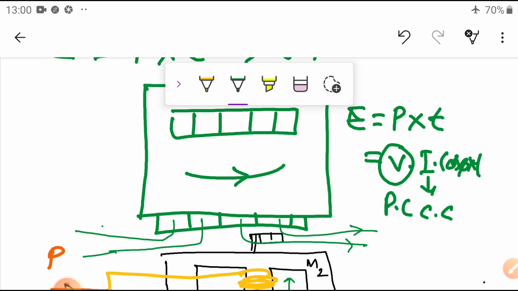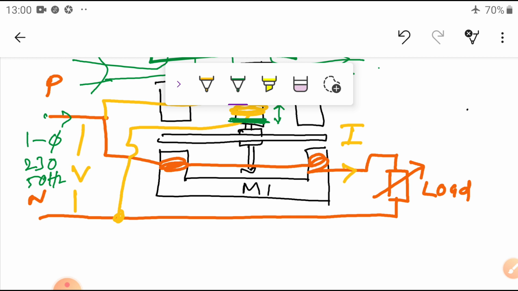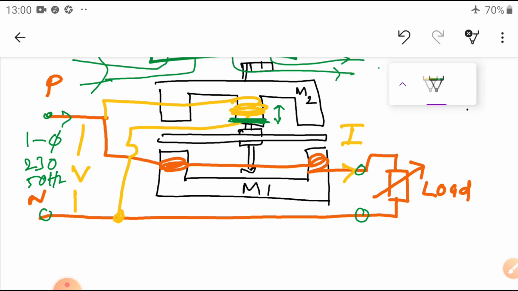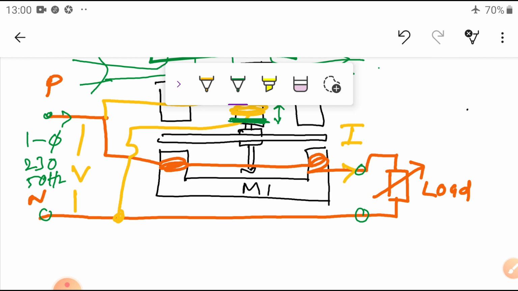This is the input side, this is the output side. Once the input supply is given, what happens? You can see the current which flows.